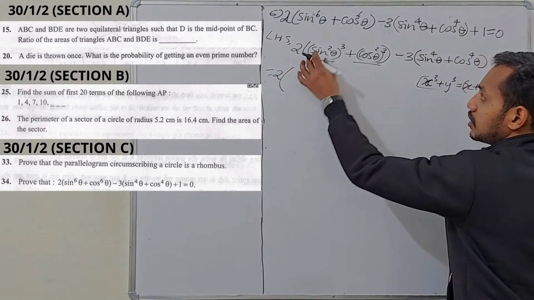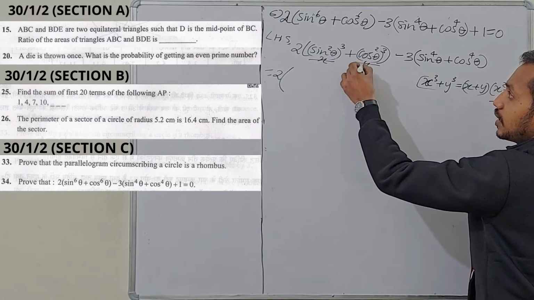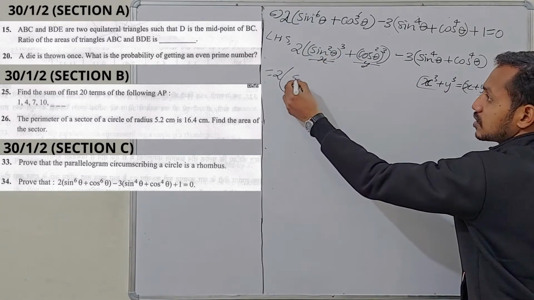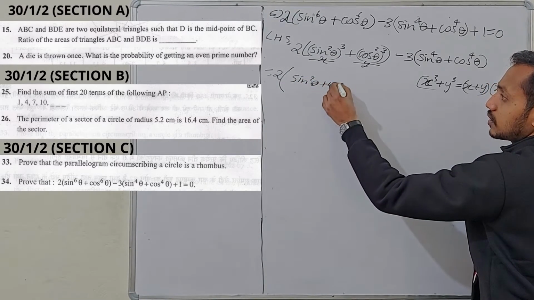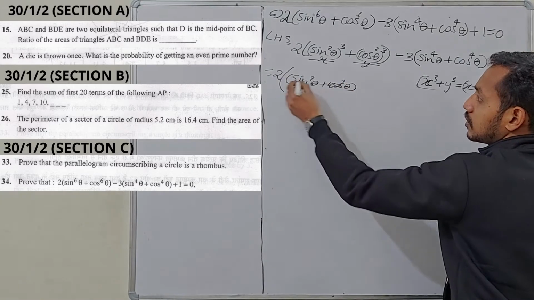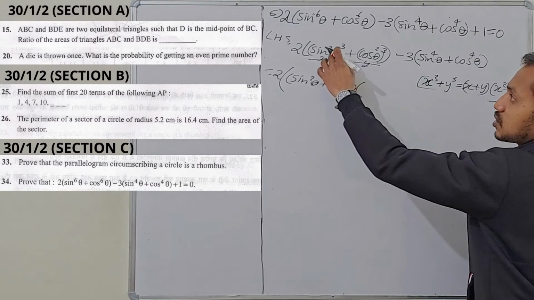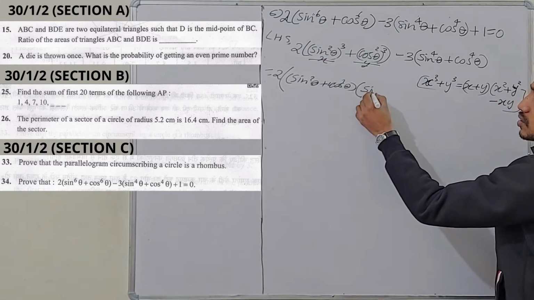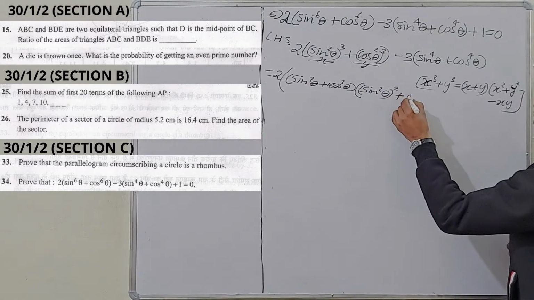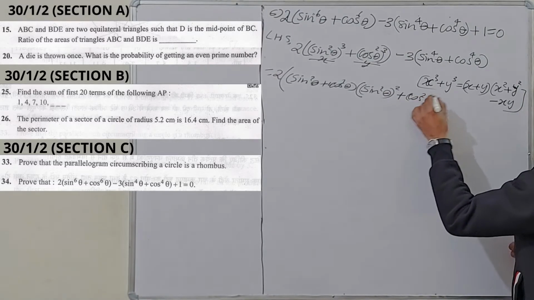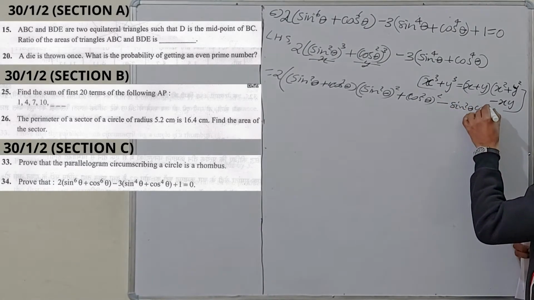This will become x and this will become y. So x plus y, that means sin square theta plus cos square theta, into x square means sin square whole square, that is sin square whole square theta plus cos square whole square theta minus sin square theta into cos square theta.